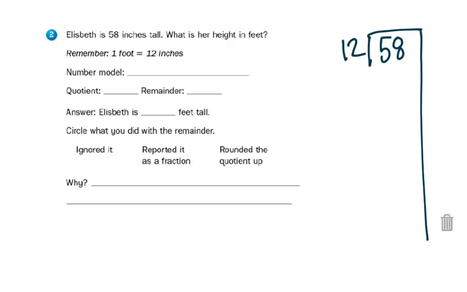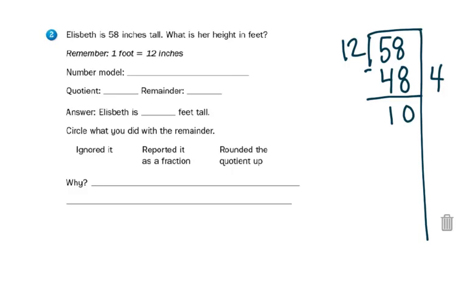So I know that 12 times 2 is 24, 12 times 3 is 36, 12 times 4 is 48, 12 times 5 is 60. So 5 times is too many, so it goes in there 4. 12 times 4 is 48. Go ahead and subtract. Can it go in there again?